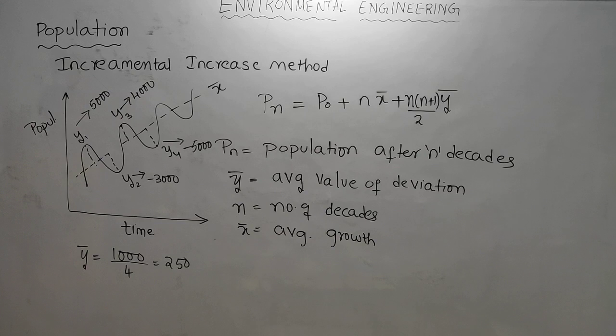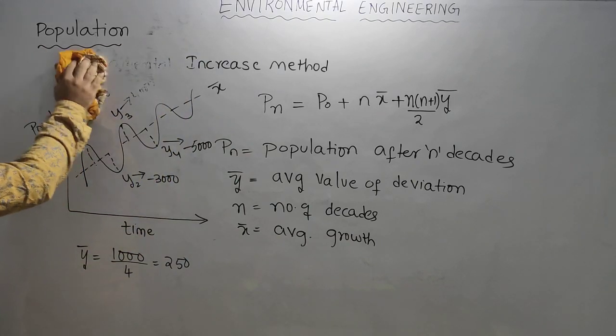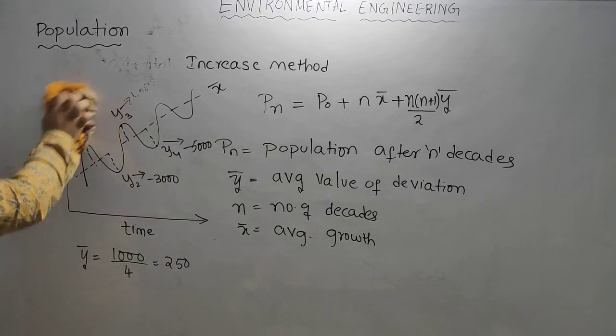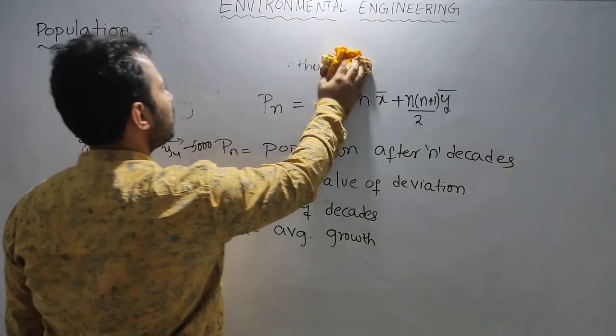So next is the decremental growth method, or decremental growth rate method, or decremental increase method. Decremental means when the city is approaching its saturation, what happens?